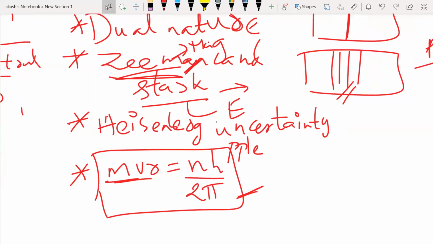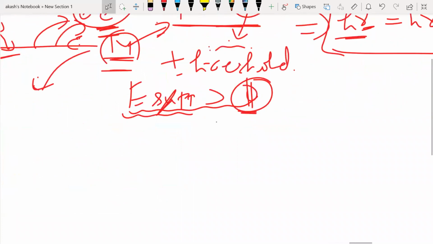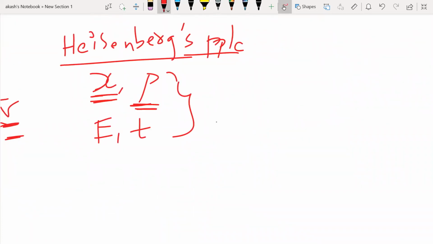Now coming back, you can understand that Bohr, according to his calculations, was able to calculate both position as well as momentum accurately, but according to Heisenberg's principle, that is not valid. There will always be some error, especially as the size of the particle keeps reducing. For example, if we talk about us, Newtonian mechanics will be able to calculate: if I'm moving at this speed, I'm here, I'm there, momentum and position can all be calculated.